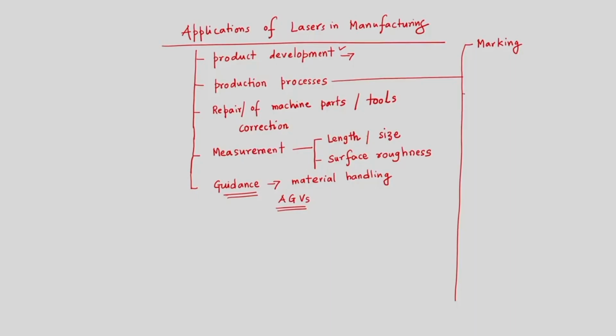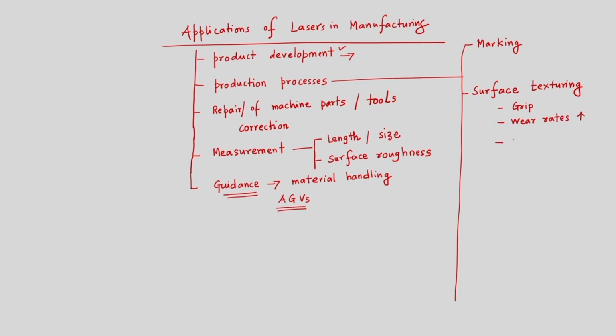Then we are having surface texturing. So, we can generate various patterns or textures on the surface of parts and products, and the purpose is for improvement in its grip, its wear property improvement, wear rates improvement.